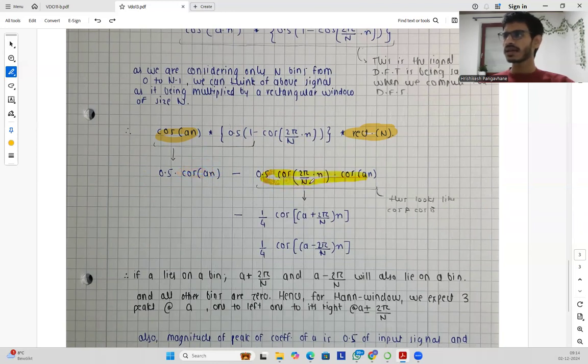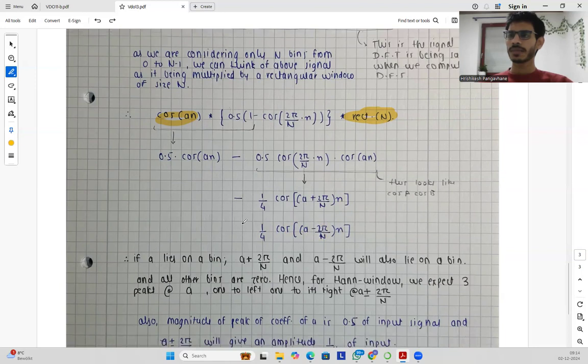And this is something like cos A cos B, which gives us two contributions. One is 1 by 4 cos of (A plus 2 pi by N) times n, and one is 1 by 4 cos of (A minus 2 pi by N) times n. So if this A lies on a bin, then A plus 2 pi by N and A minus 2 pi by N will also lie on a bin, and all other bins are 0.